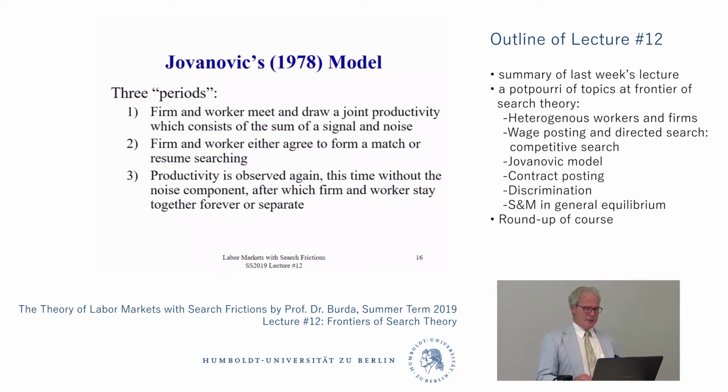Okay, so I'm going to talk about 3 periods. Again, this is all verbal. I just want you to imagine what would happen if you had a model in which there was a meeting period, a juncture where the firm and the worker come together in this random search mode, and they draw a productivity signal, or we're going to call it an observation.